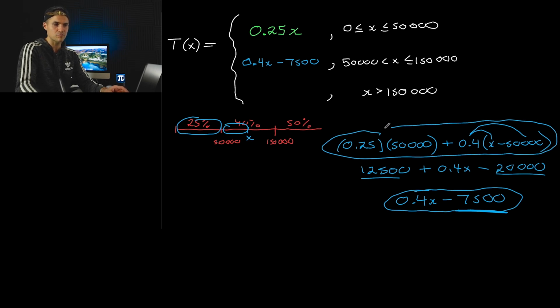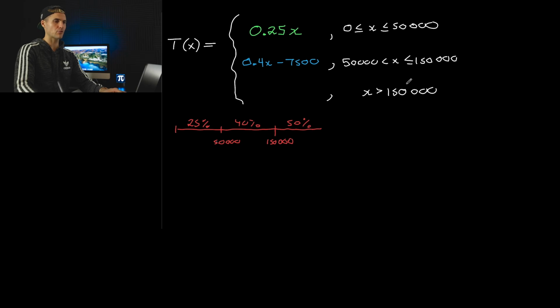This is the intuitive part. This is just what that simplifies to, and that's what we input here. But you don't want to look at this and try to figure out the intuition or the logic behind that, because that 7,500 doesn't really fit anywhere in the word problem. But if you look at this initial part, then it does make sense, right? The first 50,000 taxed at 25%, and then the excess over 50,000 is getting taxed at 40%. And then this is just what this initial expression simplifies to.